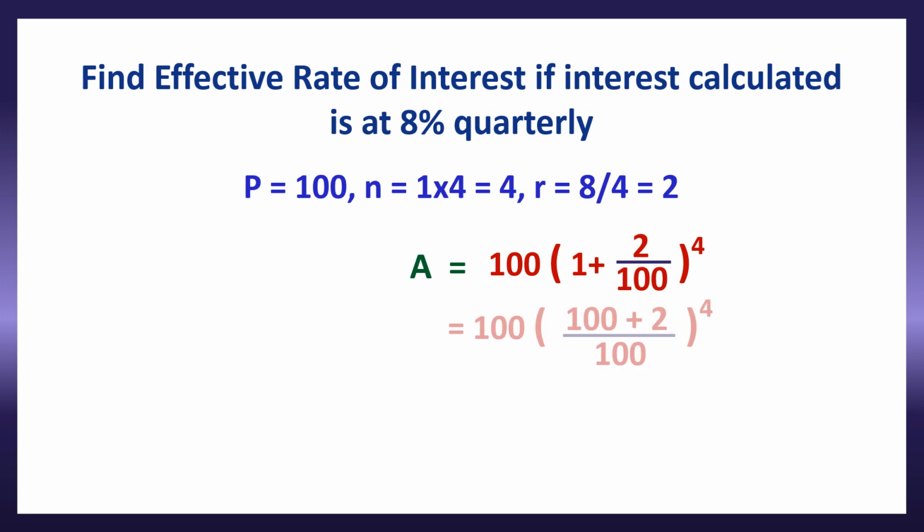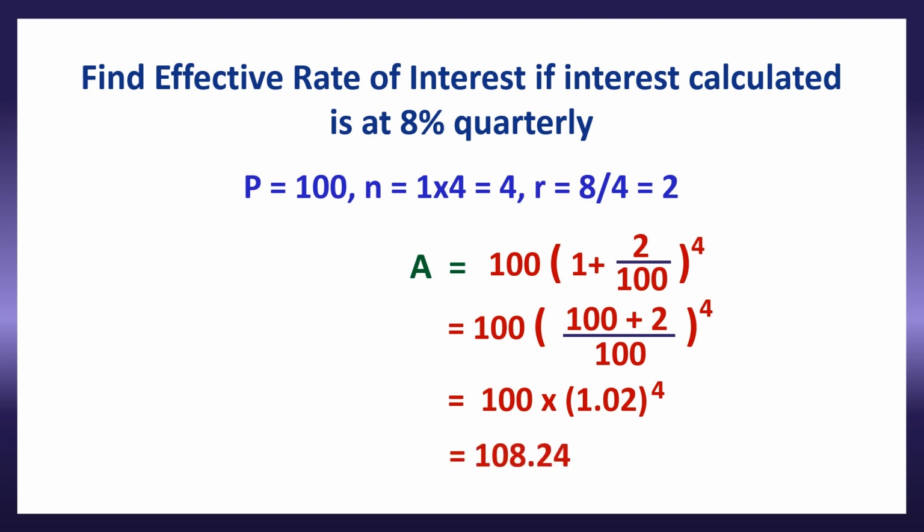That is 100 into 100 plus 2 divided by 100 whole raised to 4, and when calculating 100 plus 2 divided by 100, it becomes 1.02. That thing whole raised to 4. That becomes 108.24. 100 into 1.02 whole raised to 4 is 108.24.